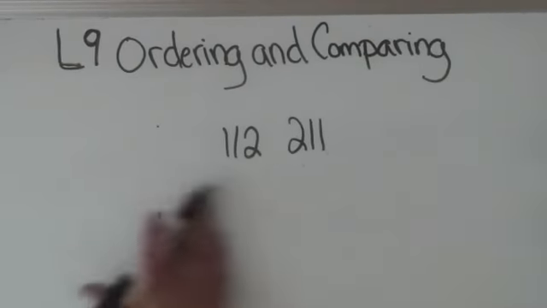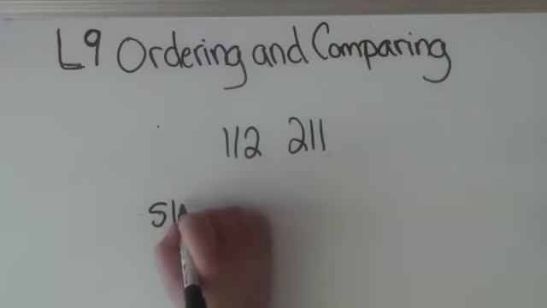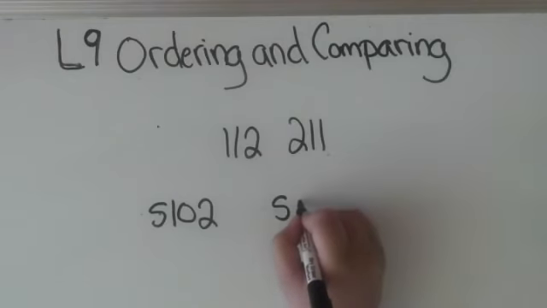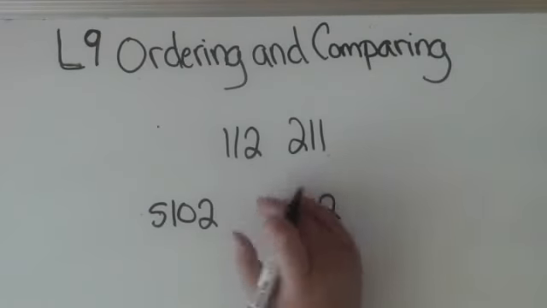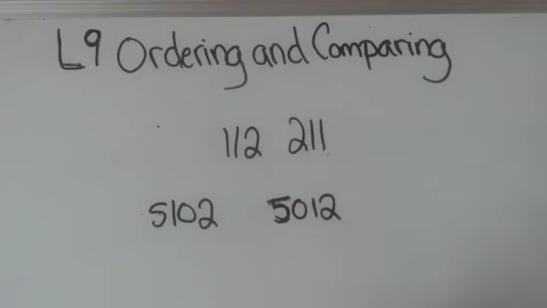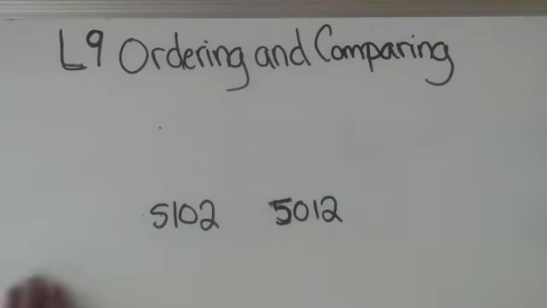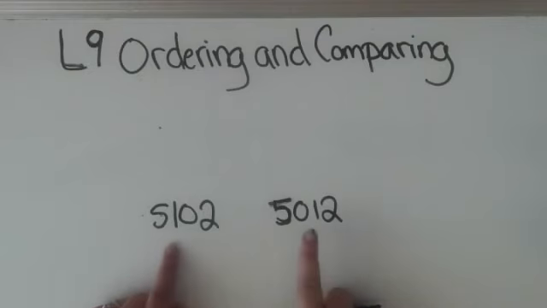So again, let's look at another one. We're going to look at 5,102 and 5,012. Make that look a little bit more like a 5 and less like an S. There we go. Okay, and now we're comparing these two numbers. I'm going to start with the biggest column. Thousands column, 5s. Hundreds column, this one has a 1, this one has a 0.